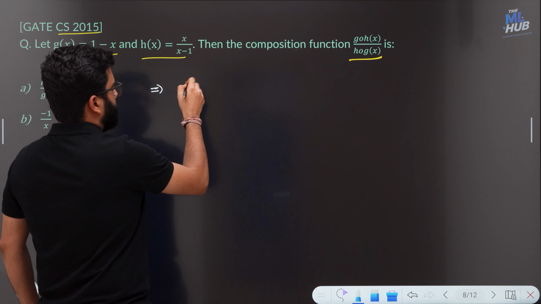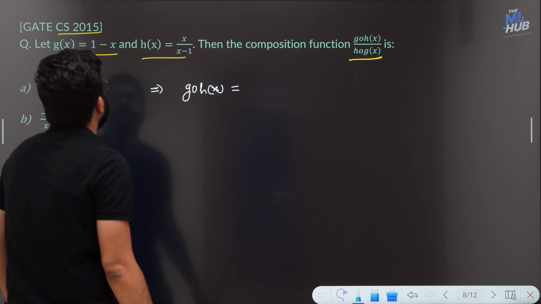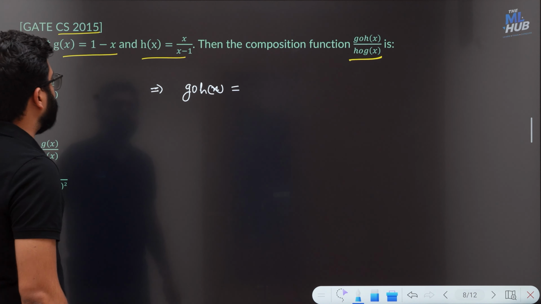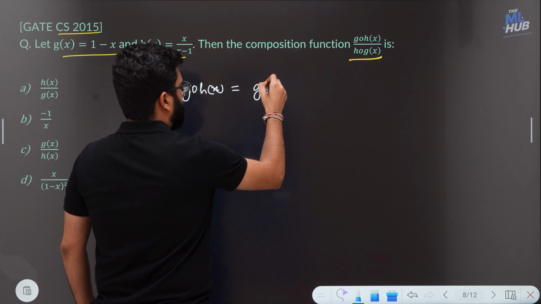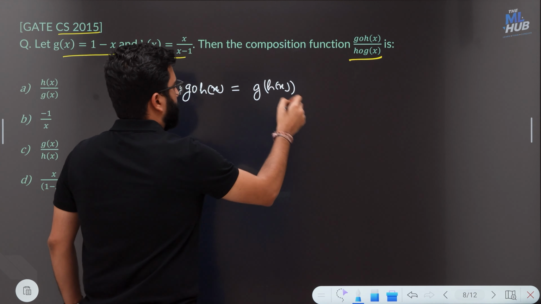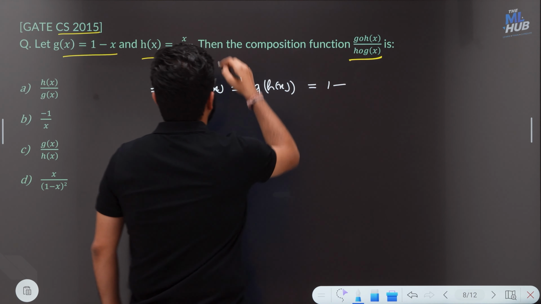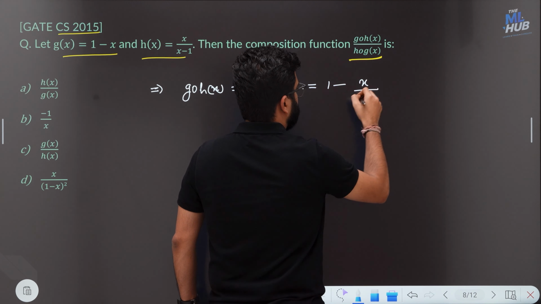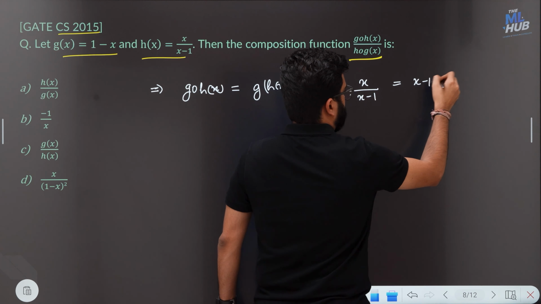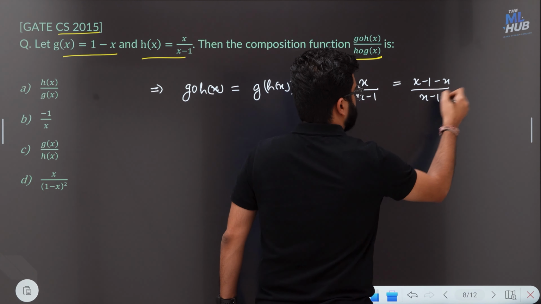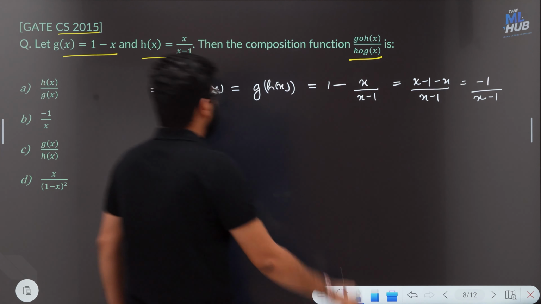So first, g of h, we have g which is 1 minus x and we have h, x divided by x minus 1. So g of h will be g of hx. So we'll take g, 1 minus and replace hx, x by x minus 1. So it will be x minus 1 minus x by x minus 1, minus 1 by x minus 1.